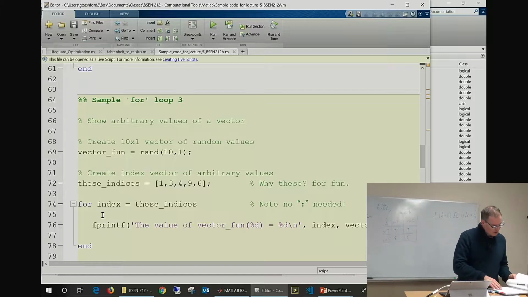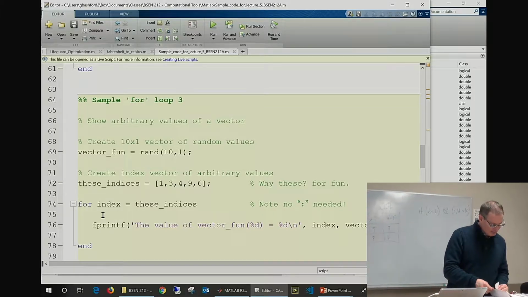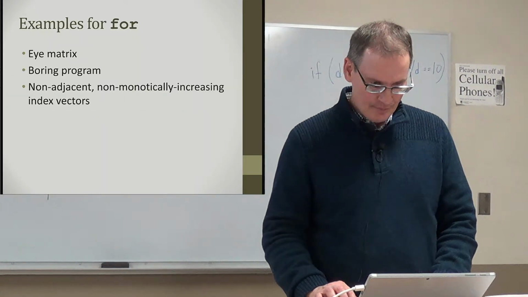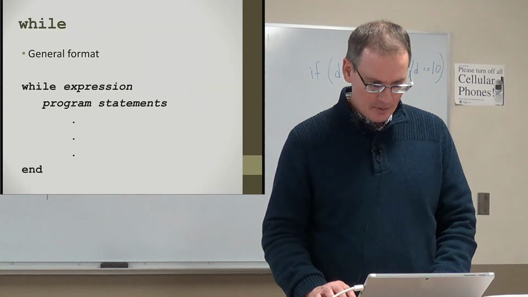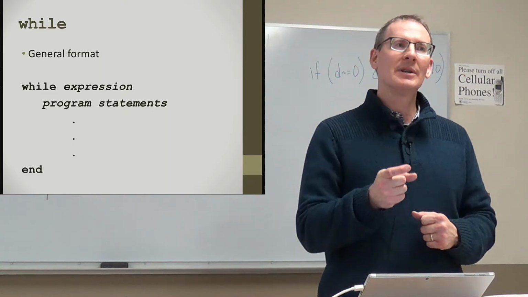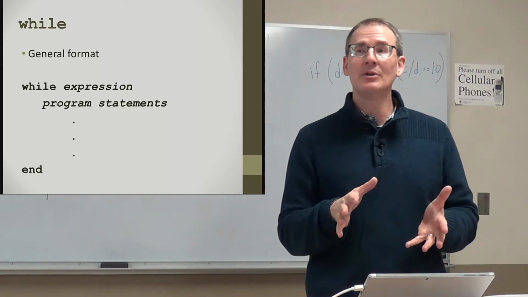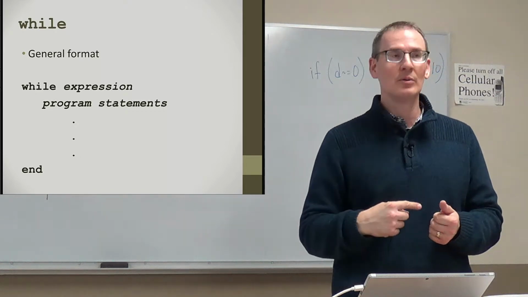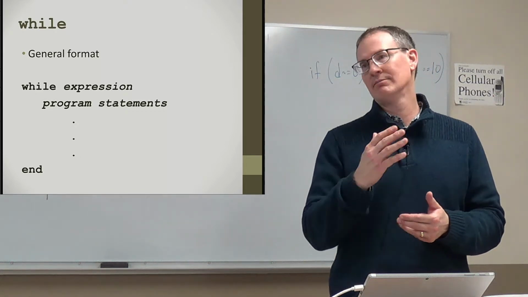The rest of it we can go through fairly quickly. We did these examples. The while loop is kind of like the for loop, except you don't know in advance how many times the while loop is going to iterate.